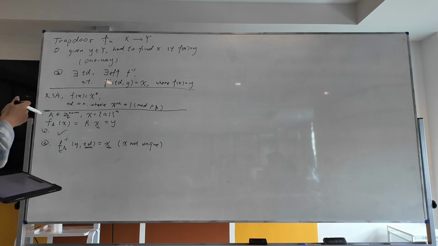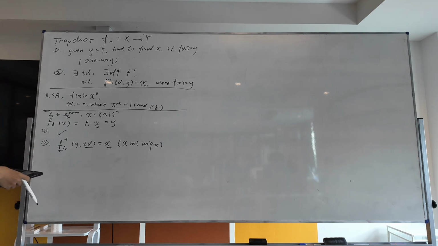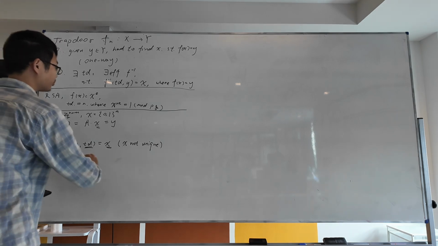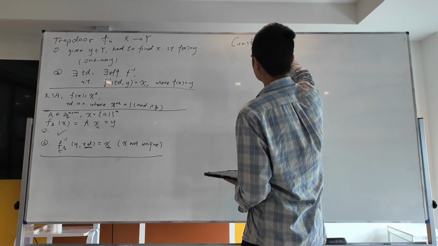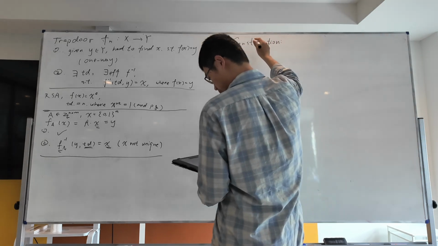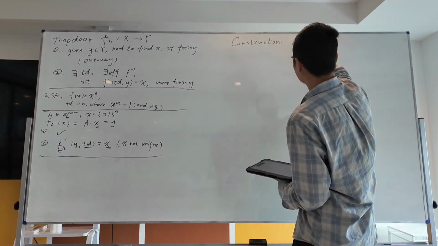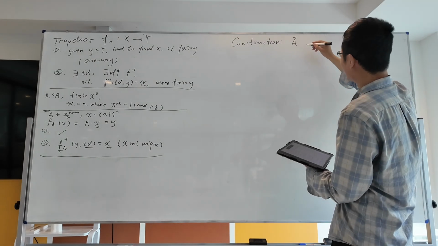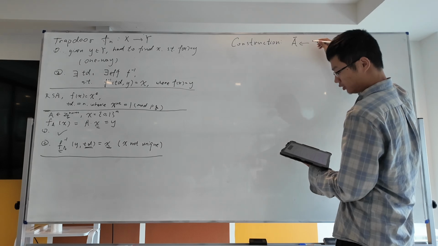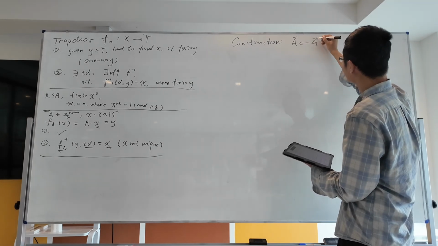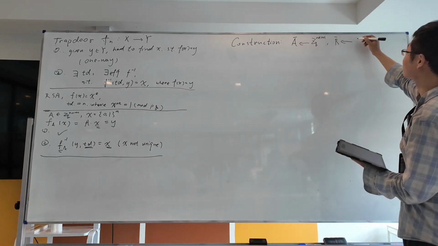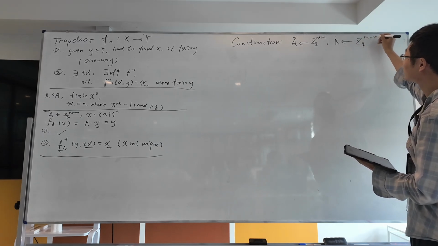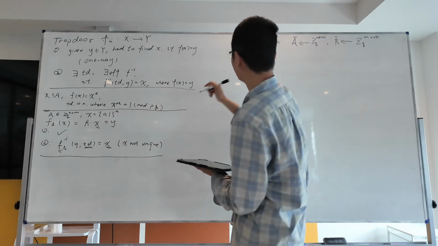Now I'll give the construction of this trapdoor. We let A bar be a random matrix and R bar also be a random square matrix. Then A is defined to be as follows.